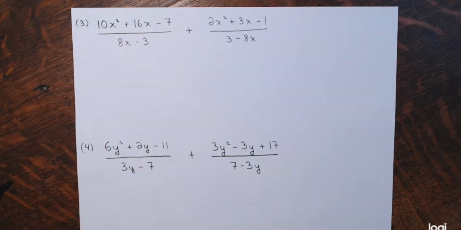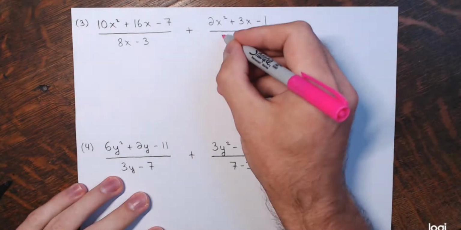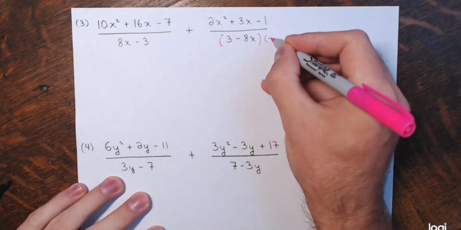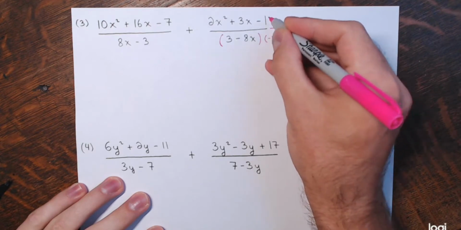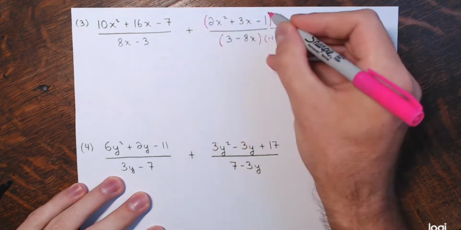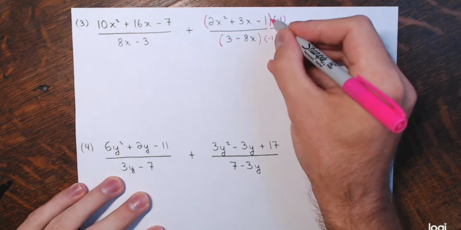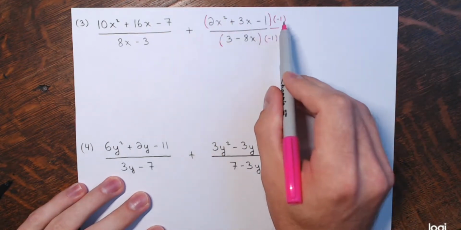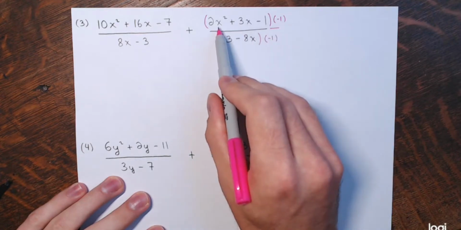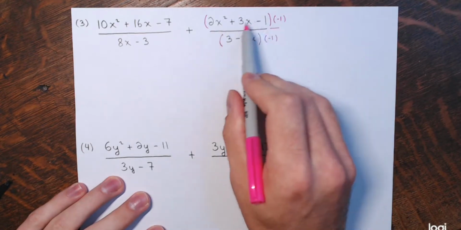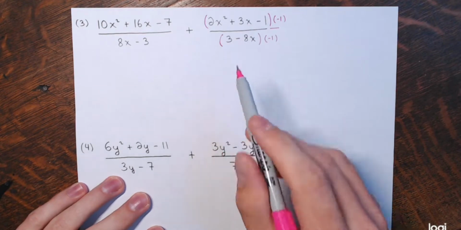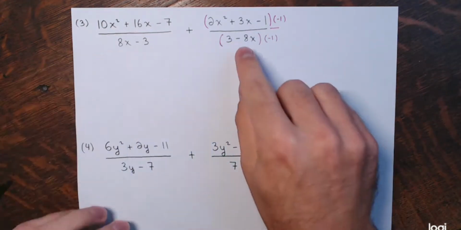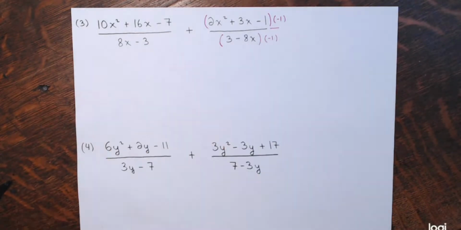So once again, I'm going to take the second fraction, multiply the denominator by -1, and also multiply the numerator by -1. And notice the parentheses I'm putting around these, because we're multiplying the entire numerator by -1, not just the first term. So it'll involve distributing every single term, and the same thing with the denominator. And since these denominators are opposites, multiplying one of them by -1 will make them the same.